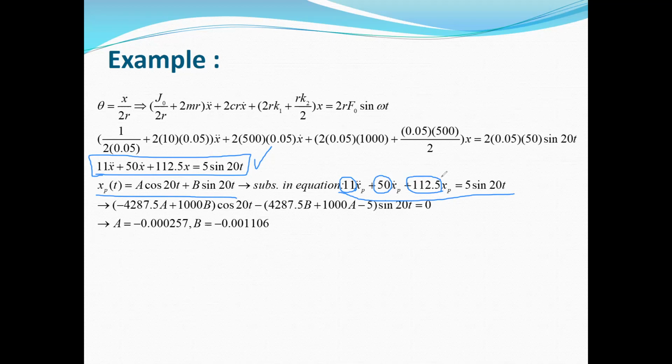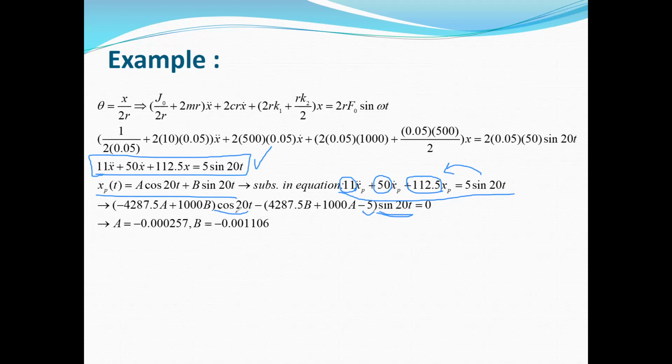And then when you substitute here, you can collect based on cosine and sine, and it must be equal to the right hand side of the equation. Of course, here I move the 5 sine 20t, the non-homogeneous term, to the left hand side of the equation. As you can see, this is 5 times sine 20t.